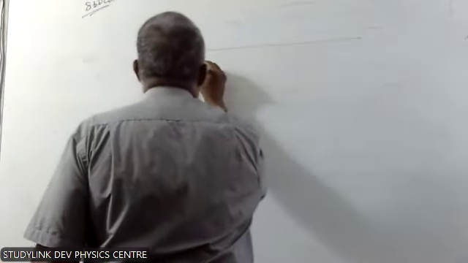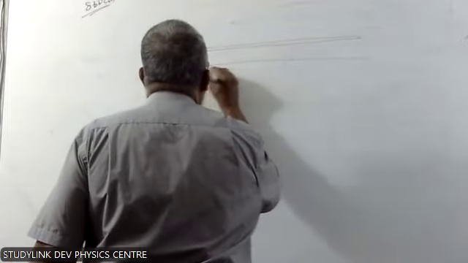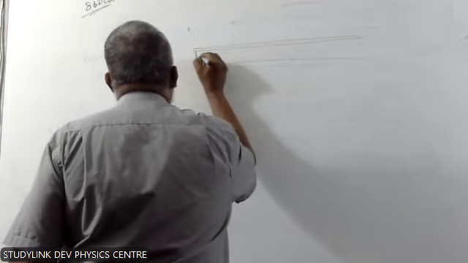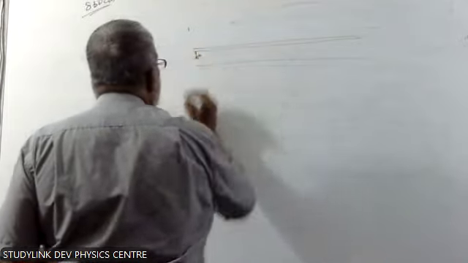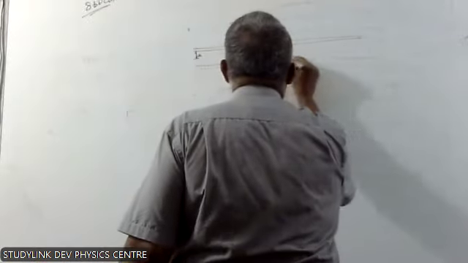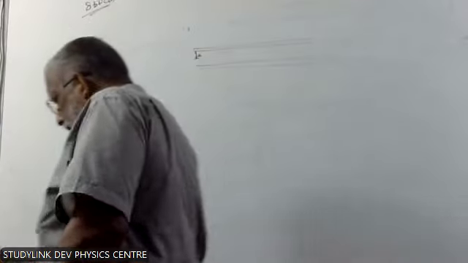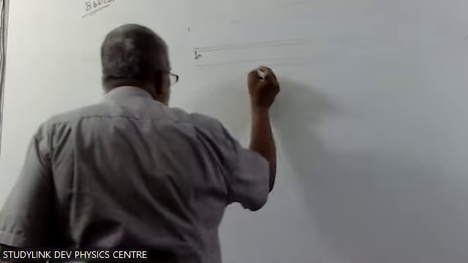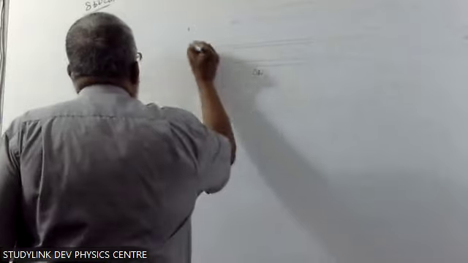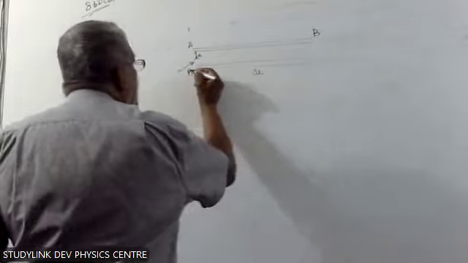Now, when a liquid flows through a pipe having internal radius A, and the length of the pipe is delta L, this is A, this is B, here P1, here P2.